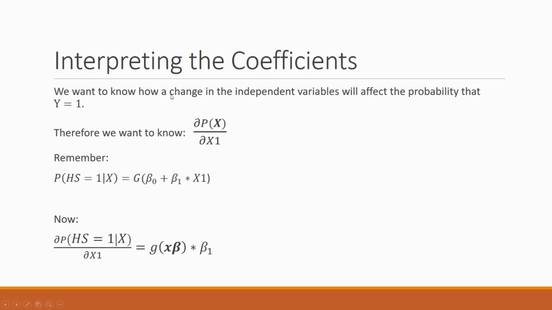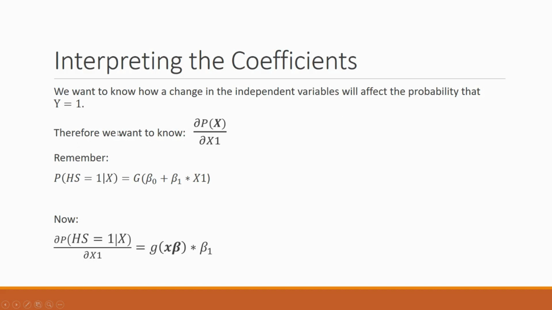Whenever we run a model, what we want to know is how a change in the independent variable will affect the probability that y equals 1. How will a change in the independent variables affect the probability that the dependent variable equals 1?